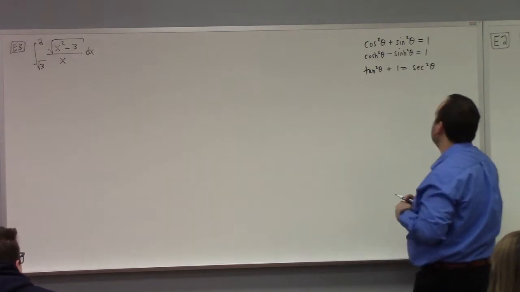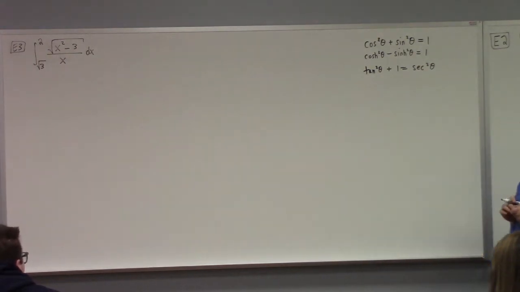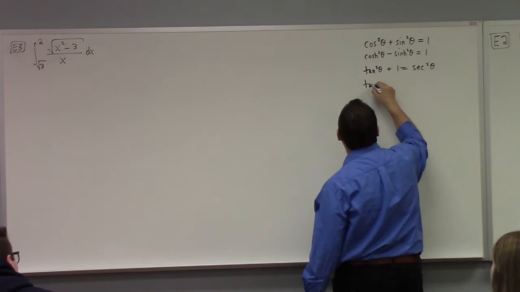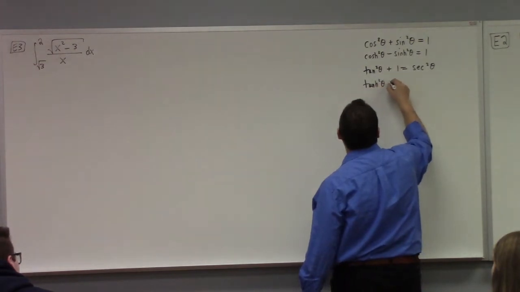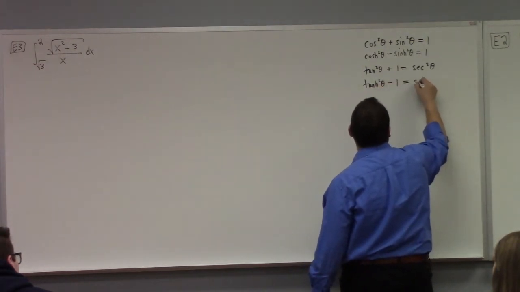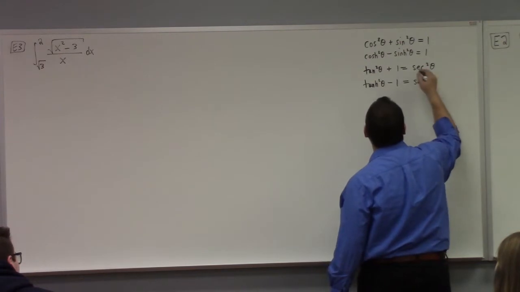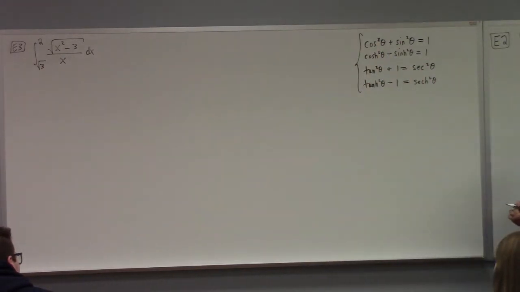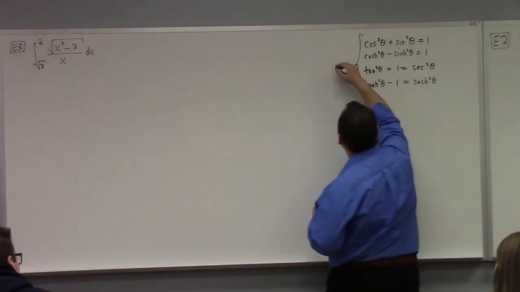And I think that ought to do it for us, right? I mean, there's also a hyperbolic one. Fine. Tangent squared theta minus 1 equals the hyperbolic secant squared theta. So I can take any of these and multiply by a squared.